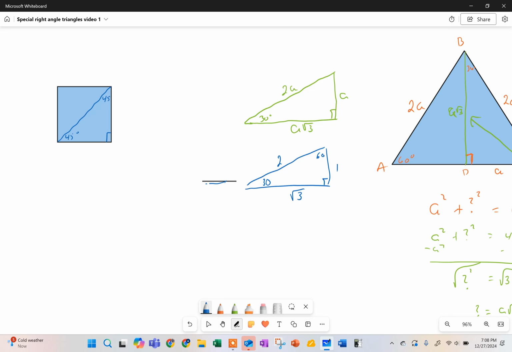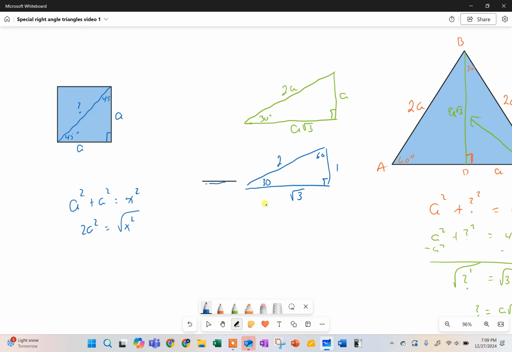And now, if I said, well, let's say that the two sides are both a, I'd get a squared plus a squared equals my unknown, I'm going to call it x squared. So I have 2a squared equals x squared.